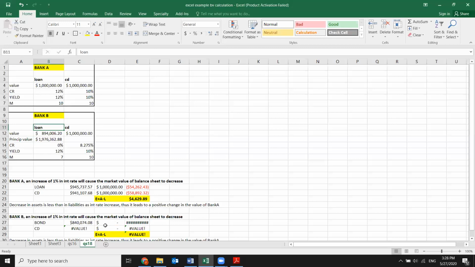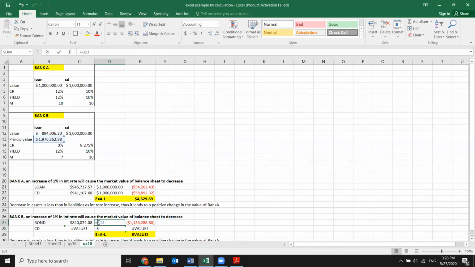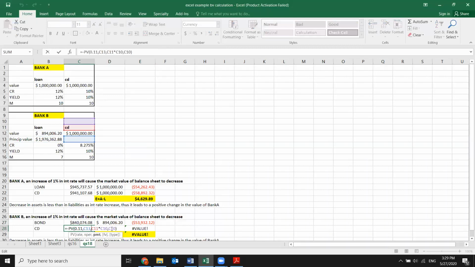Same thing in here. Who can tell me what is the interest rate for CD? Same or we need to change? 11%. Please look at the CD of the second bank.